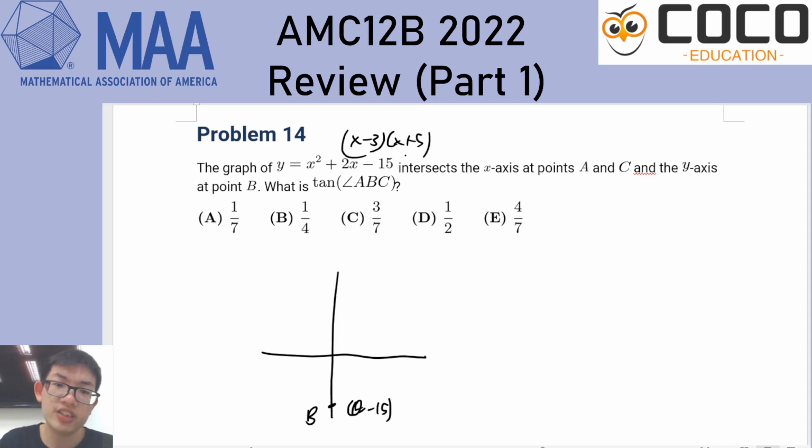They've been quite nice, right? This is not a very difficult thing to factorize. So A and C, I don't know which order they are in, it does not matter. But I will just put it here. This is not even actually to scale. I've got my 5 and 3 mixed up, but never mind. Now, I want tangent of ABC.